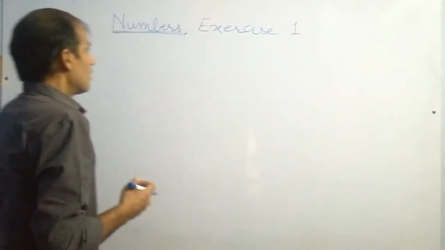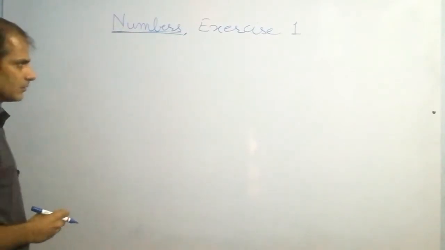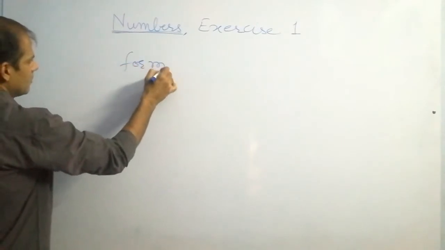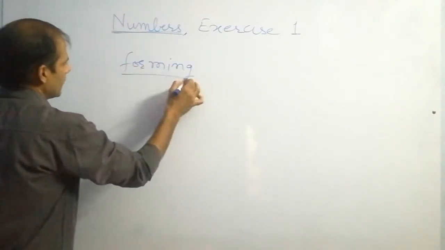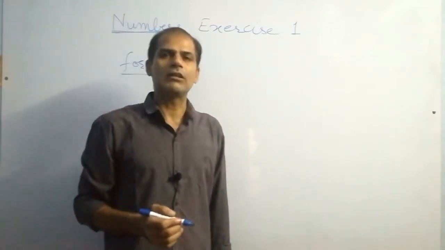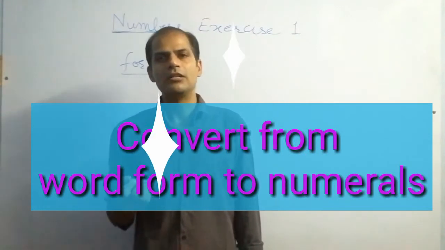So the very elementary thing about the numbers is forming the numbers. Forming a number means if a number is given in a word form, how to convert it into a numeral.